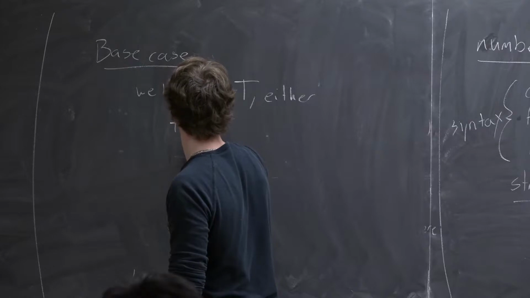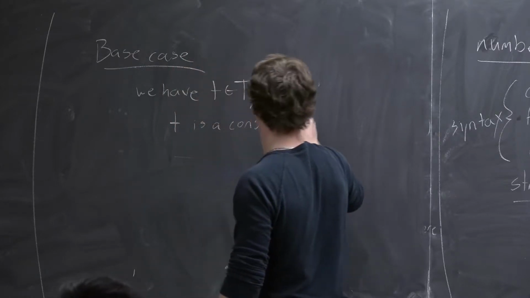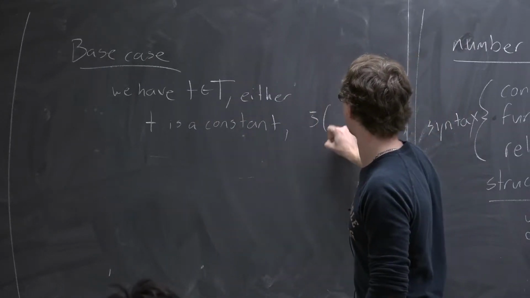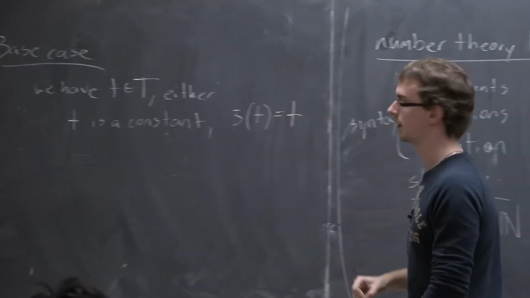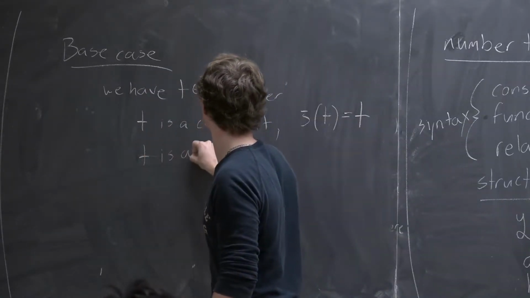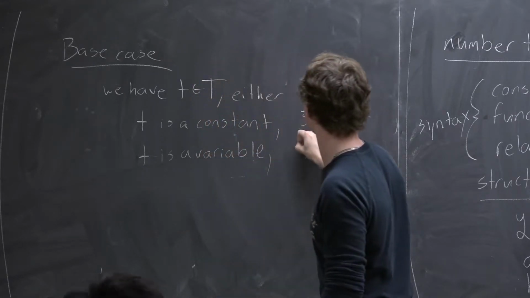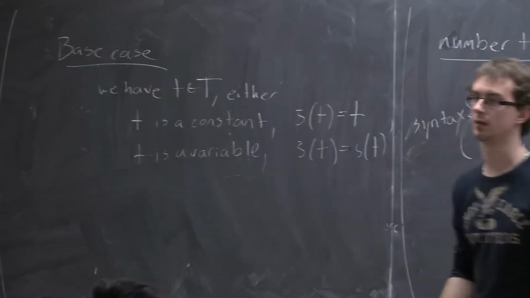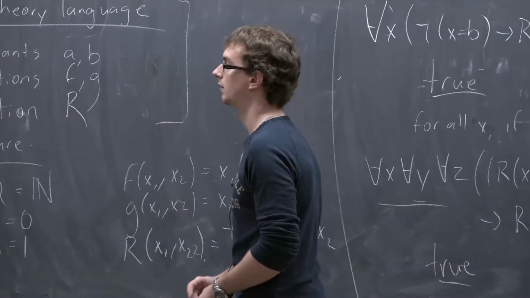Either t is a constant, and in that case we just say that the value of t is the constant itself, or t is a variable, in which case we use the function that we've been given to get the value of that variable.